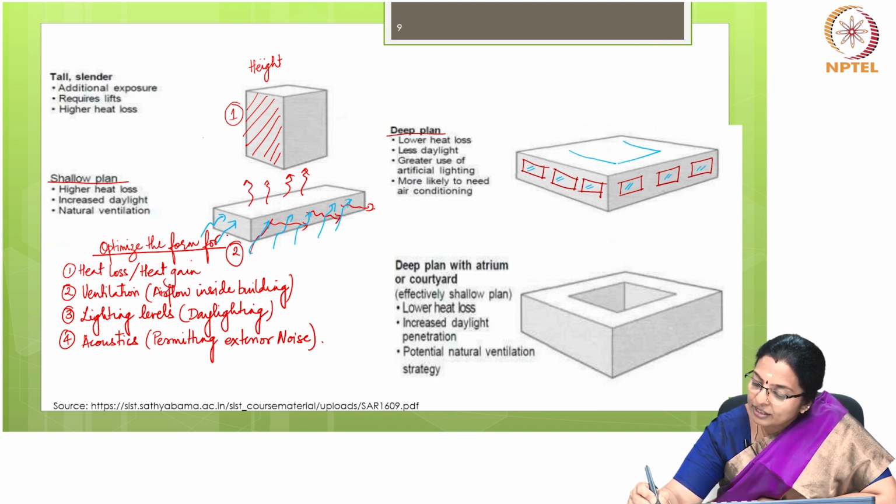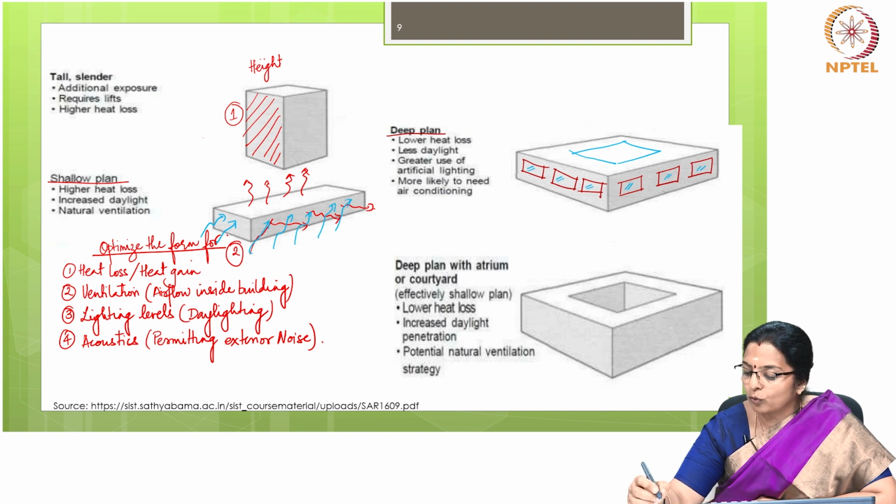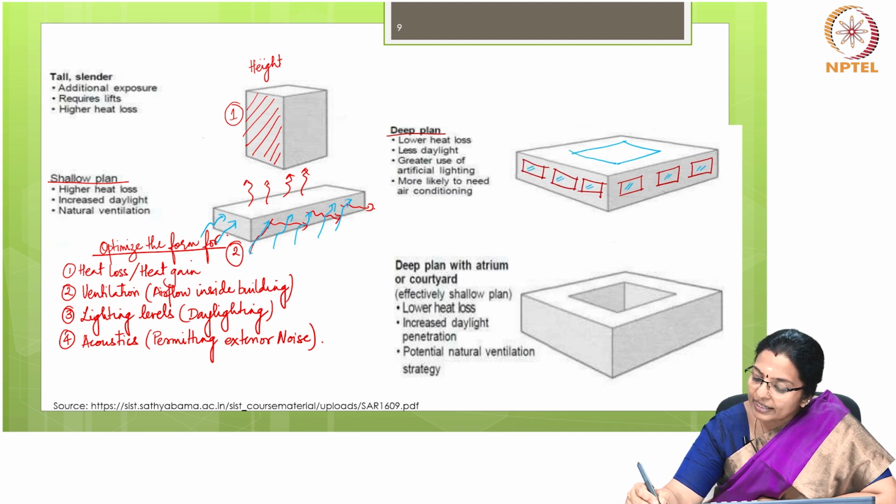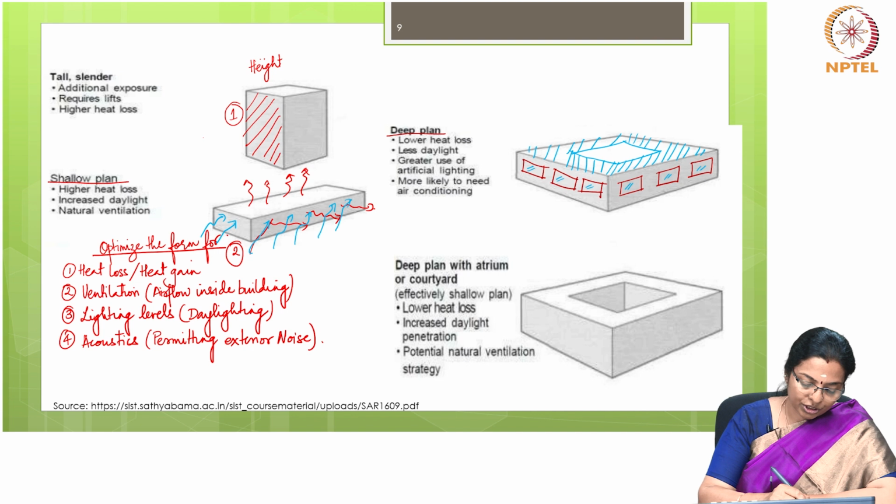Even if you provide openings on all four sides with appropriate shading devices, you will notice that only this portion inside the floor will have adequate daylight, and a large portion will remain dark.